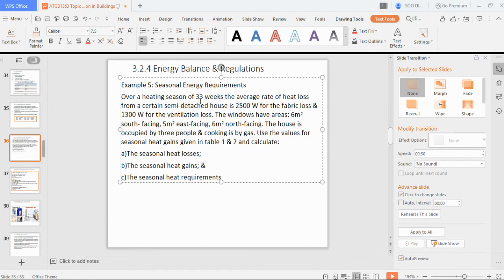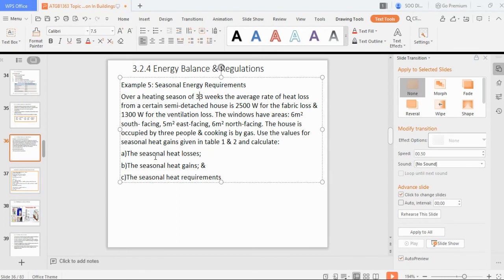Over a heating season of 33 weeks, the average heat loss of this building is 2500 watt for fabric loss and 1300 watt for ventilation loss. You're given the values for your fabric loss and ventilation loss, so you don't have to calculate them. The windows have areas of 6 meters square facing south, 5 meters square facing east, and 6 meters square facing north, and the building is occupied by 3 people, and cooking is by gas.